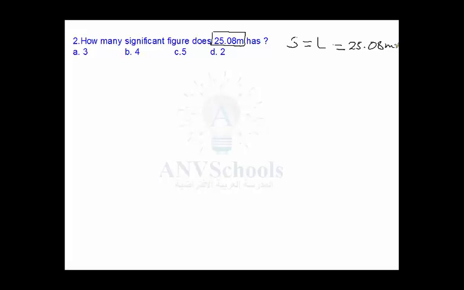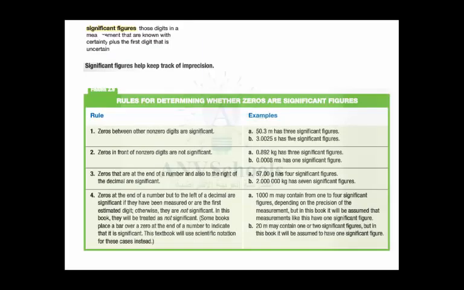Now, just to make this clear, let me show you a table. There are rules that help us determine whether a given zero is significant or non-significant. But before that, what is the meaning of significant figure? Significant figures are digits in a measurement that are known with certainty plus the first digit that is uncertain.